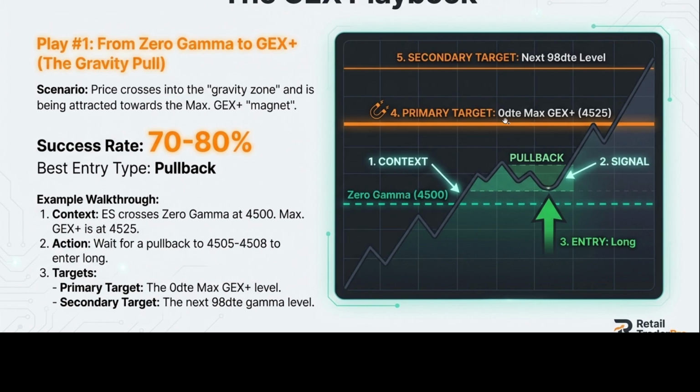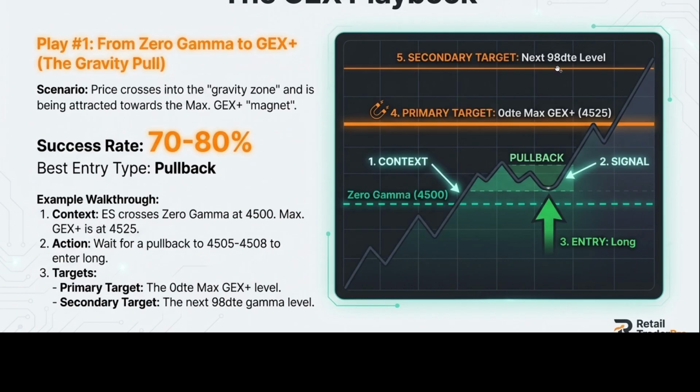Combining this 0 DTE with 98 DTE, we have to take into account all this information, which gives you what you can find in the next zones. Here we can close a position, maybe as a primary target at the 0 DTE max positive gamma level, or as a secondary target, the 98 DTE levels.